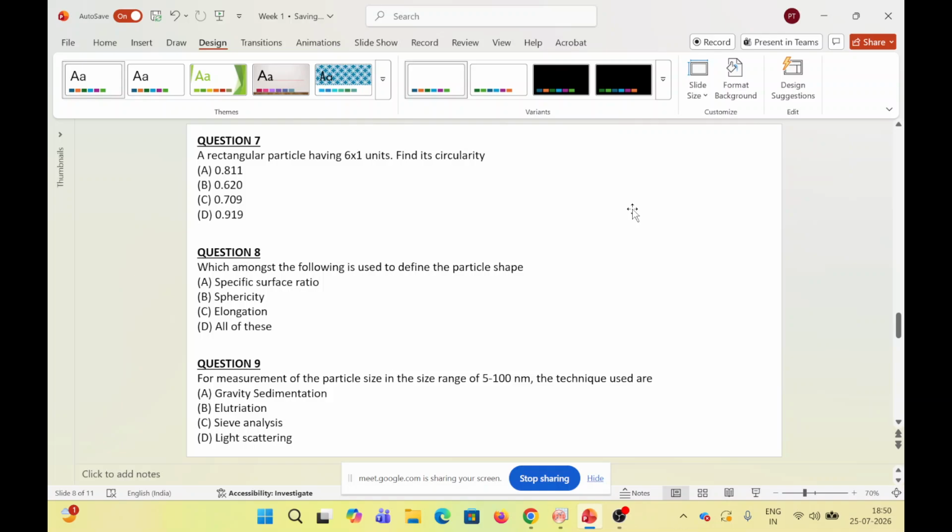This is much simpler compared to sphericity. Take your time.